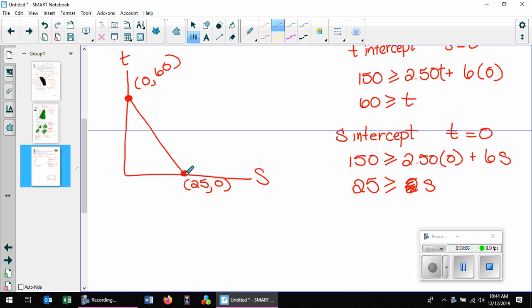I know my boundary is solid because it can equal $150. So any combination on this line will give me exactly $150. But we know we can spend a little less than $150. So what's an easy test point for this? 0, 0. I buy no stone and I buy no tile.